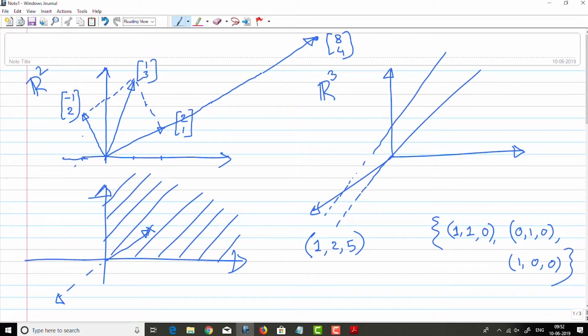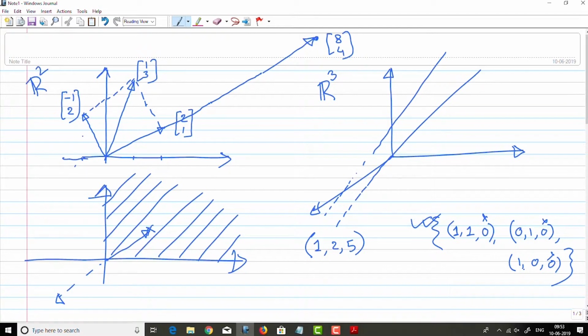So you are given these 3 vectors. You want to check whether the vector (1, 2, 5) is a linear combination of this set. So will this be a linear combination? No, right? Because you won't be able to generate this 5, because all the 3 components here are zeros. So this is not a linear combination of the given set of vectors.